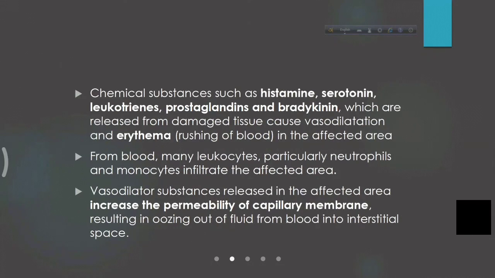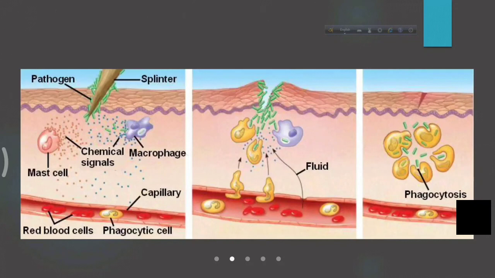Here you can see an injury. When there is an injury, mast cells and other resident macrophages release cytokines. They act upon the vessels and increase the permeability of the vessels, which allows WBCs to reach the site of injury.